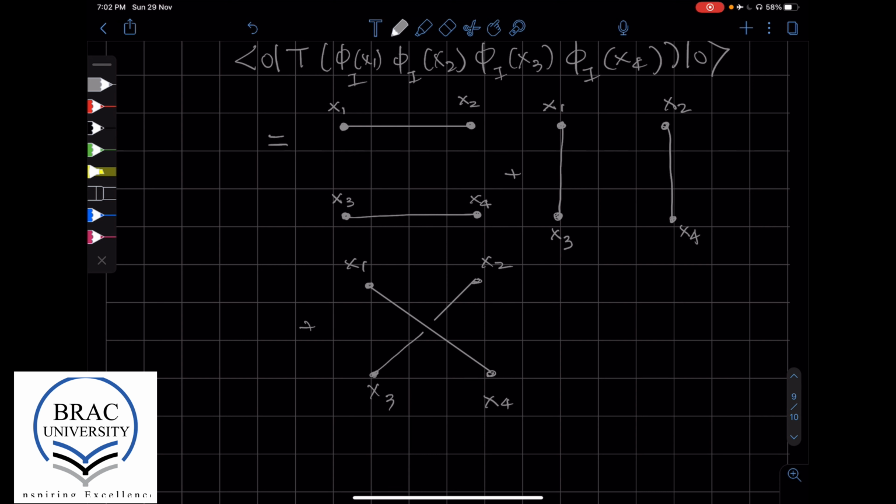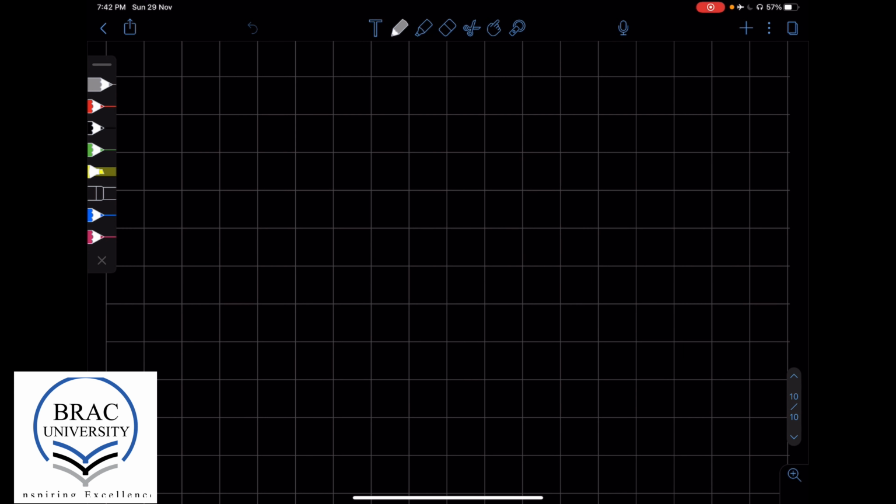So these are examples of Feynman diagrams. If I'm given a Feynman diagram like this, all I have to do to reproduce the amplitude for this diagram is to write a propagator between x1 and x2 times the propagator between x2 and x3, and similarly for these terms.